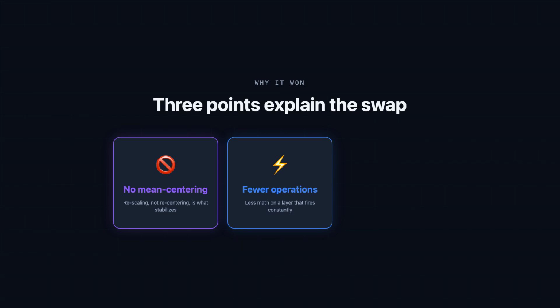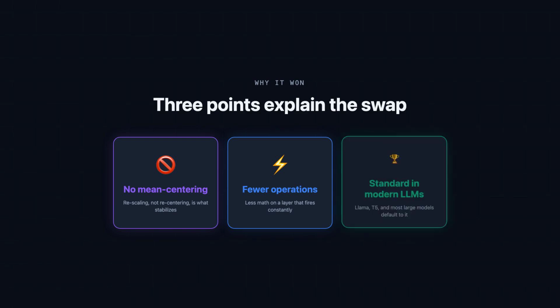Skipping the mean and the bias means less math on a layer that fires constantly, and those savings compound across a deep model. It quietly became the default. Llama, T5, and most modern large language models ship RMSNorm precisely because it matches LayerNorm's accuracy while doing measurably less work on a layer that fires nonstop through every forward pass.